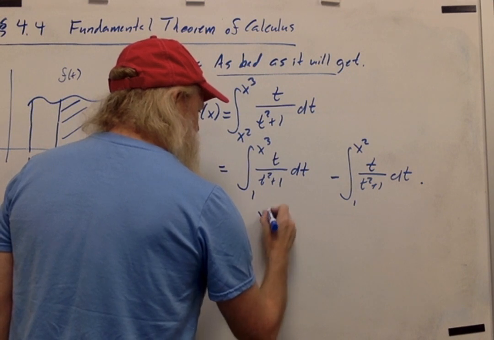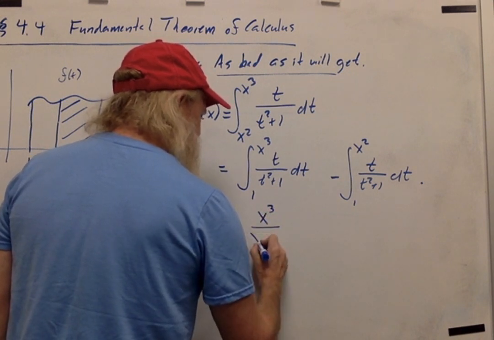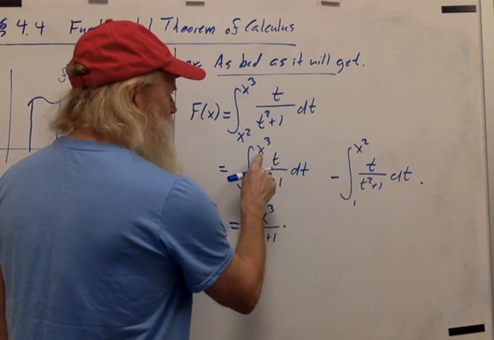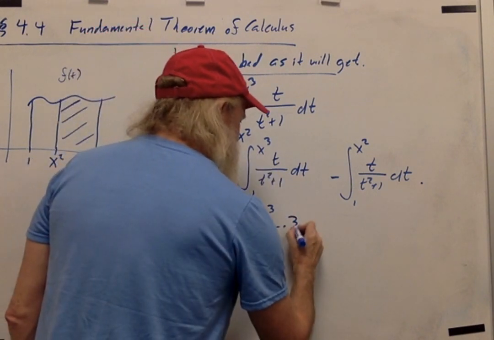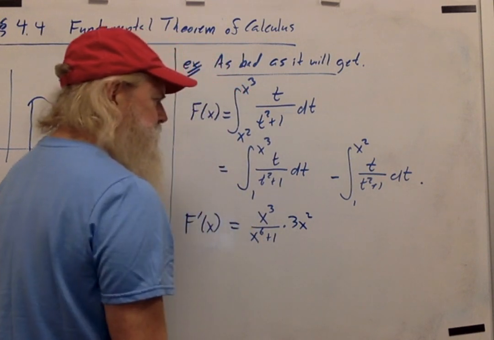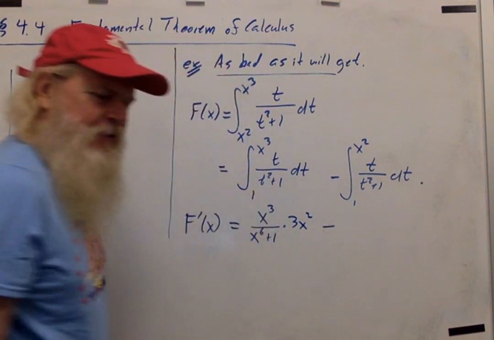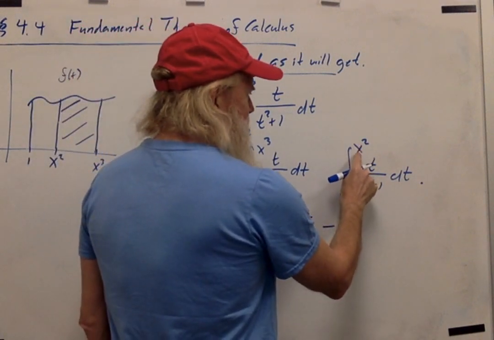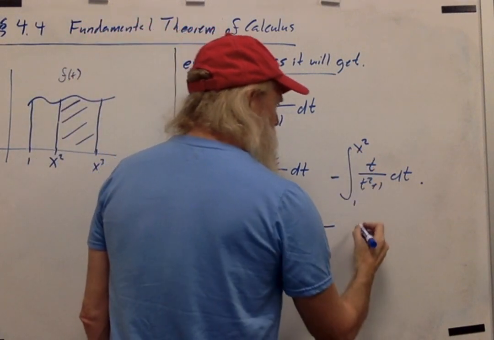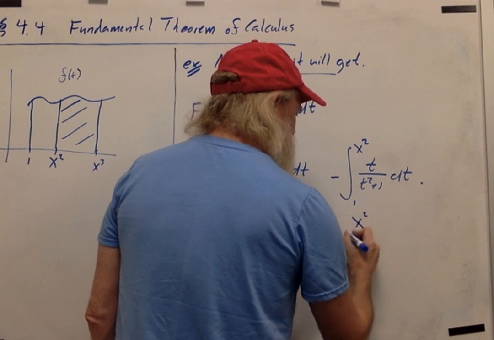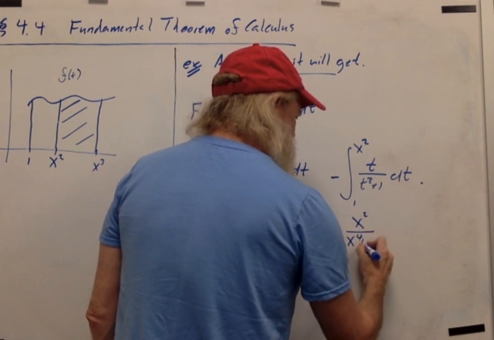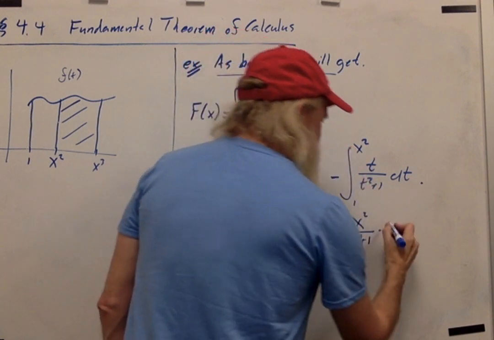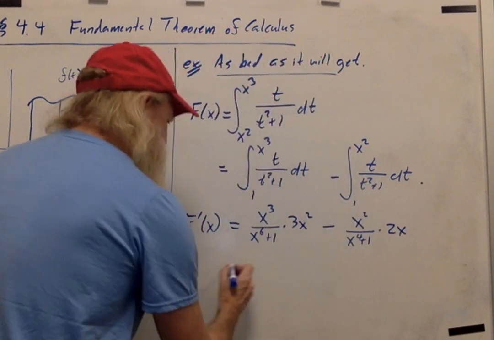So I'll have x cubed over x to the 6th plus 1, and then I multiply by the derivative of the upper bound, which is 3x squared, minus, and now I do it for the second integral. I replace each of the t's with an x squared, so that's x squared over x to the 4th plus 1, and then I multiply by the derivative of the inside, which is 2x.